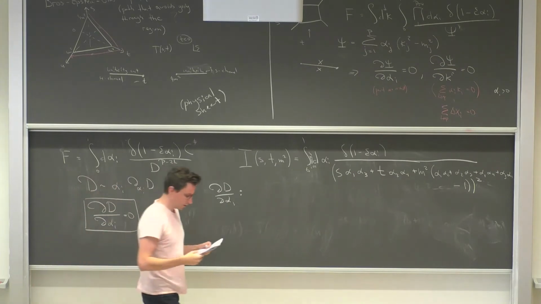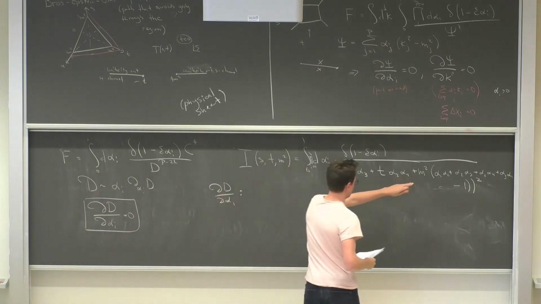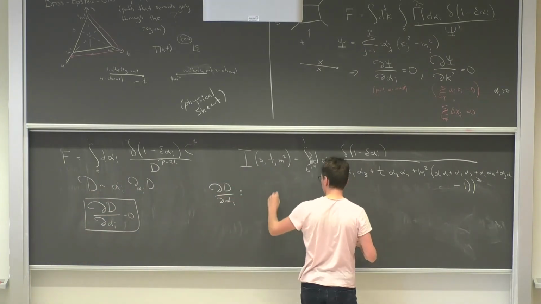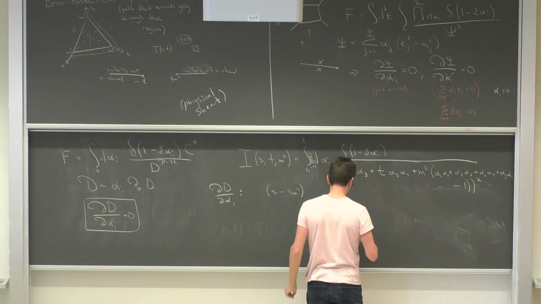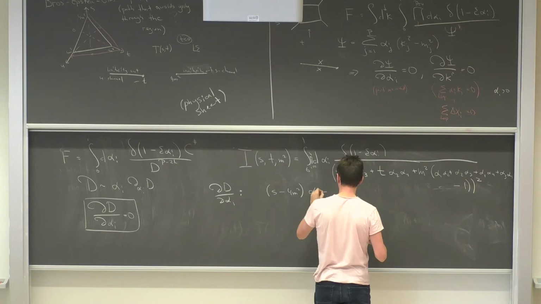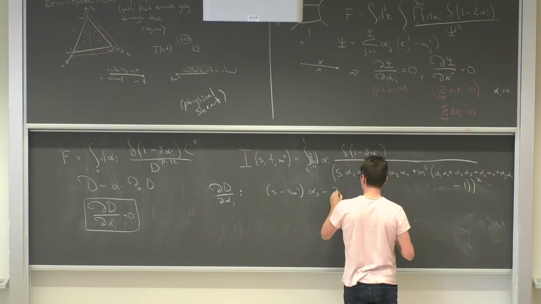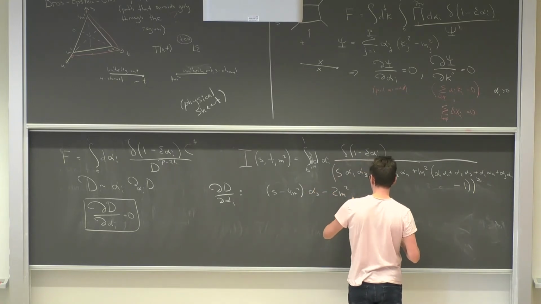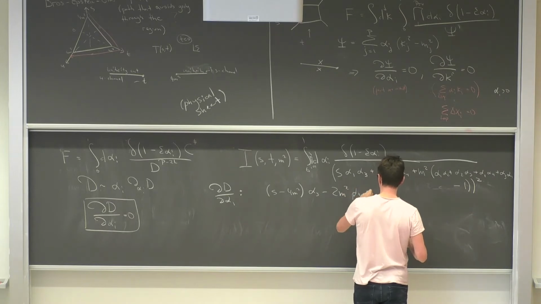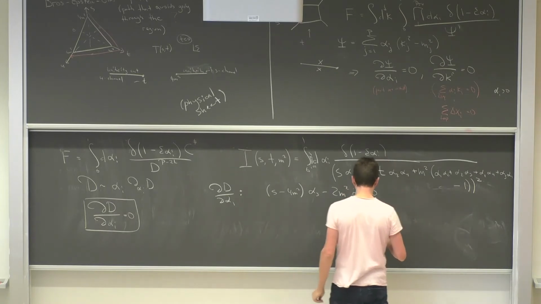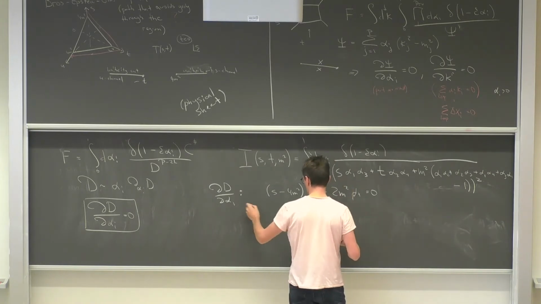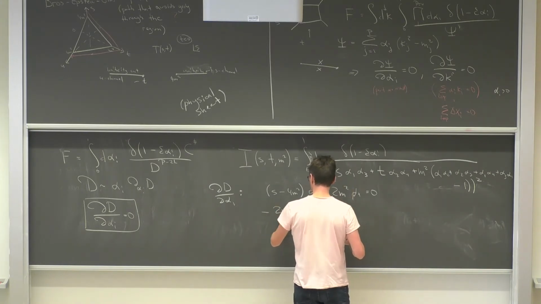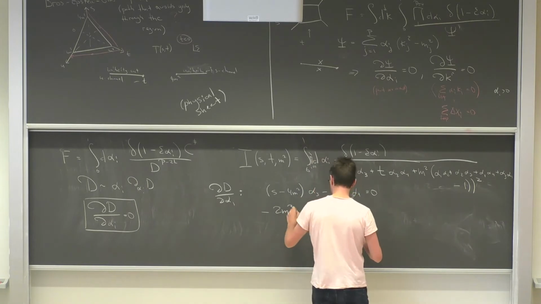So if you do this differentiation of this function, you will find s minus 4m squared alpha 3 minus 2m squared alpha 4 equal to 0. And I think for the d alpha 2, it is like this.